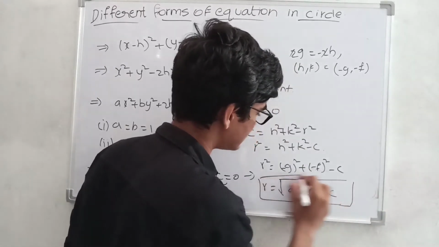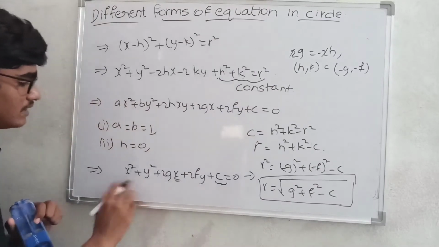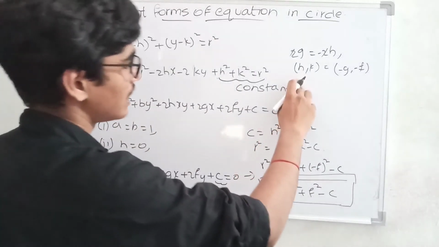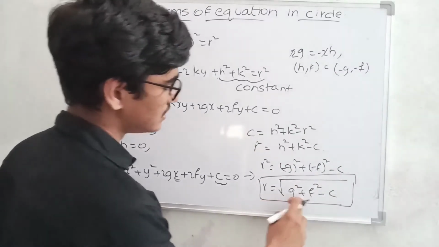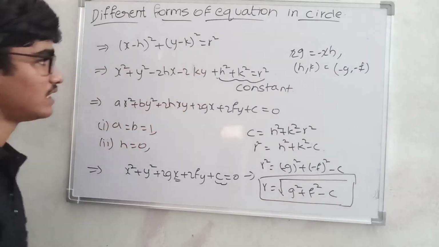That means in the general equation we get center minus g comma minus f and radius root of g square plus f square minus c.